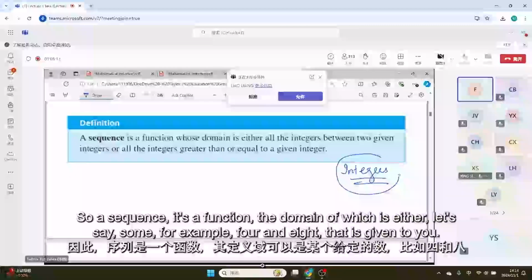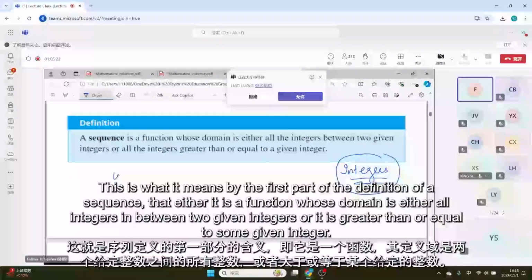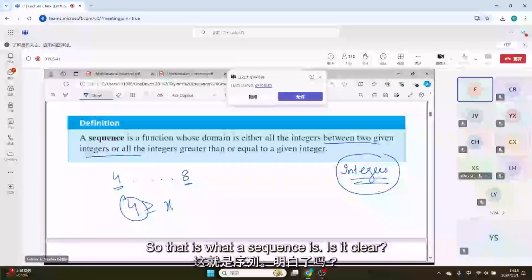So a sequence is a function, the domain of which is either, for example, the integers between 4 and 8 that are given to you. This is what the first part of the definition means: either it is a function whose domain is all the integers in between two given integers, or it is all integers greater than or equal to some given integer. That is what a sequence is. Is it clear?